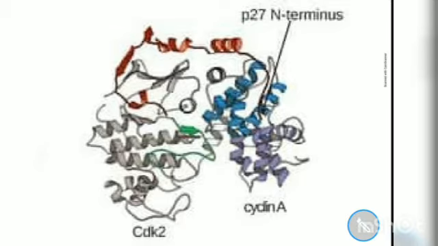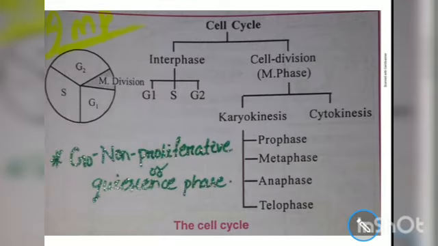And the G0 stage is the non-proliferative stage, or it is called the quiescence phase. That means during that period, if the cell undergoes any error, the cell undergoes some rest stage.